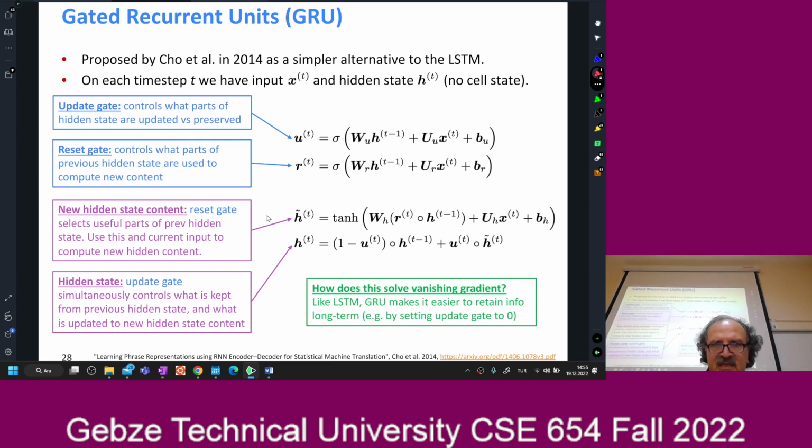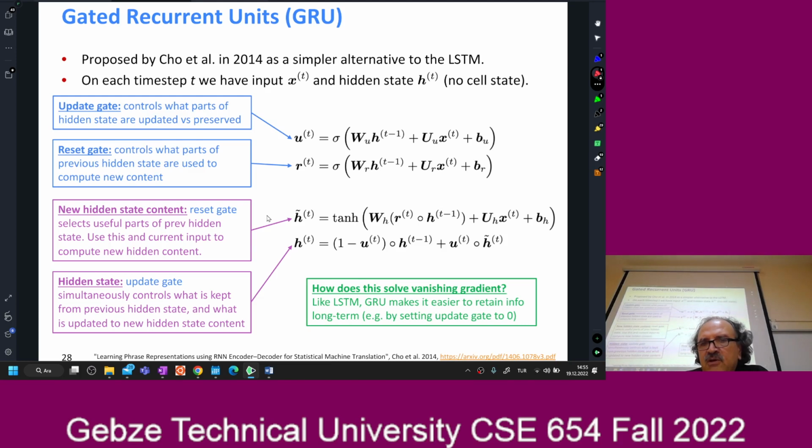Okay, these are the same thing. So the number of gates for a gated recurrent unit is one less than the LSTMs. So this one is a simpler network structure, GRU, but the idea is the same: what to update and what to reset, what to update and what to forget.